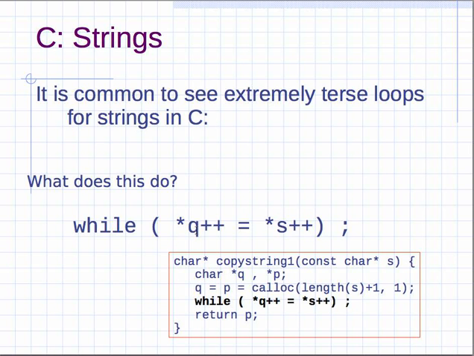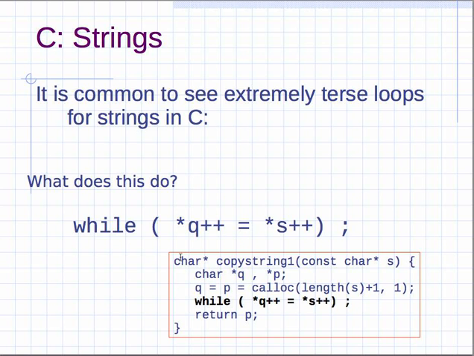Same thing with Q. This tells us that Q is either an int or a pointer. We increment it, that is, look at the next location. But remember that with post increment, the value of Q++ is just the old value of Q before the increment. And the fact that we dereference it using the star tells us that Q is a pointer.